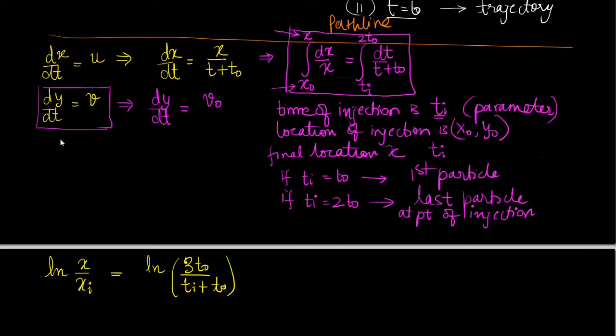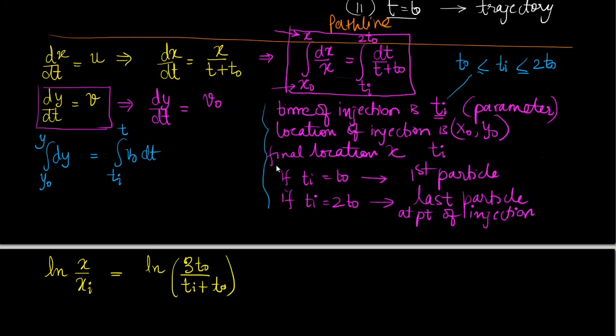So integral dy is equal to integral v naught dt, where y varies from y naught to y. Again, t will vary from some intermediate time. So this injection time is bounded between 2 t naught and t naught, and so the integration limits will be from ti going all the way to t, and all these statements that we have discussed will remain valid.